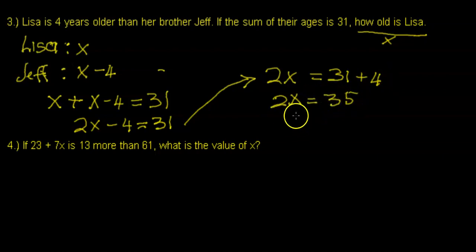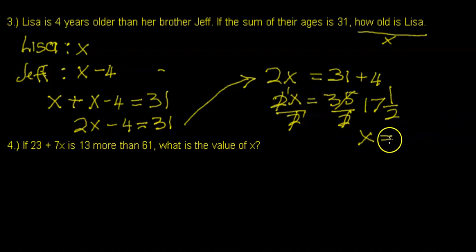From this, if we divide both sides by 2, 2 cancels out here. And then 2 into 35 is 17 and a half, right? So Lisa is 17 and a half years old. Let's write it here. Lisa X is equal to 17 and a half years old.